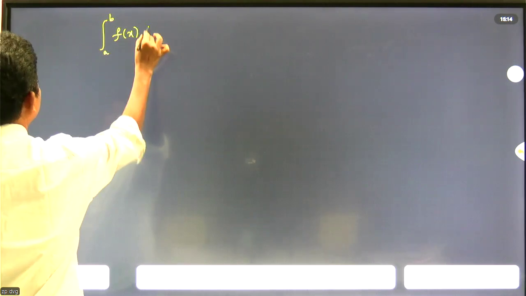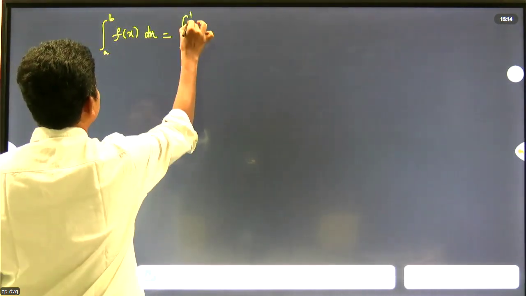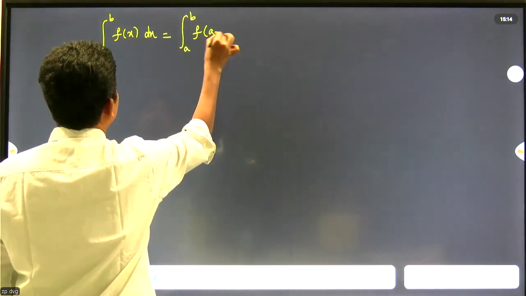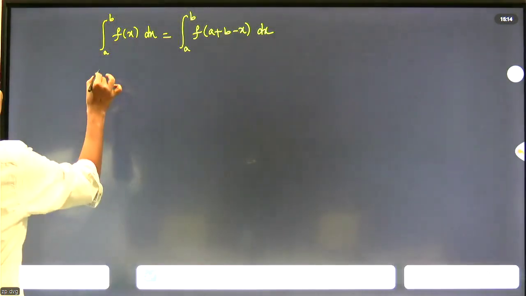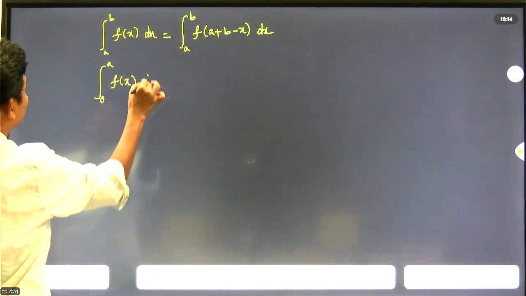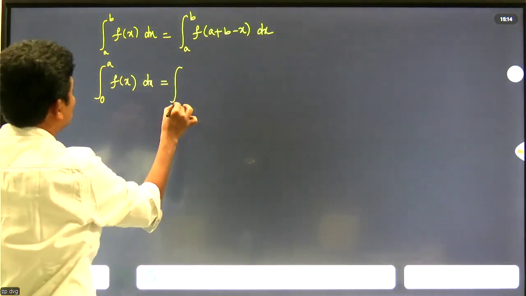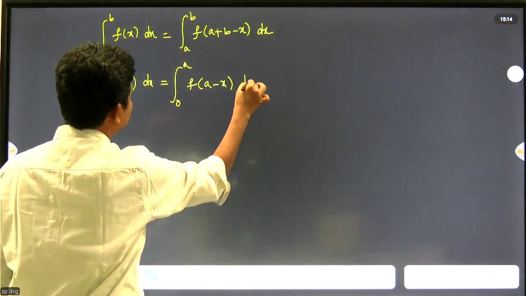integral of a to b f of x dx. Integral of a to b f of x dx is the same as integral of a to b f of a plus b minus x dx, right? Integral of 0 to a f of x dx equals integral of 0 to a f of a minus x dx.